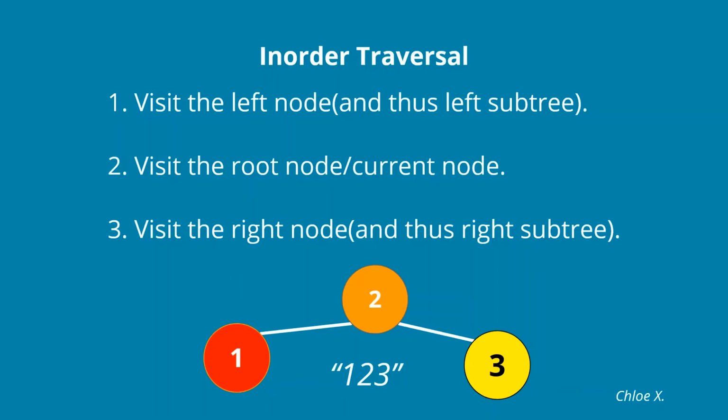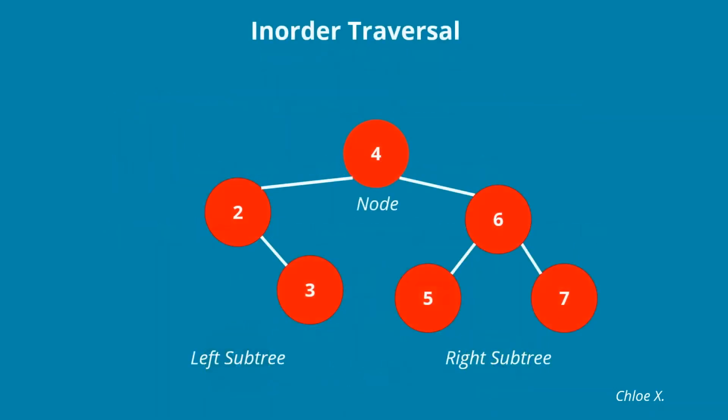This is called inorder because we visit the root node in between left and right. So it'd be kind of like reading a binary tree from left to right. And with binary search trees, it ends up being in order. The order of the nodes that we visit are ascending. And we'll see after we traverse this tree.